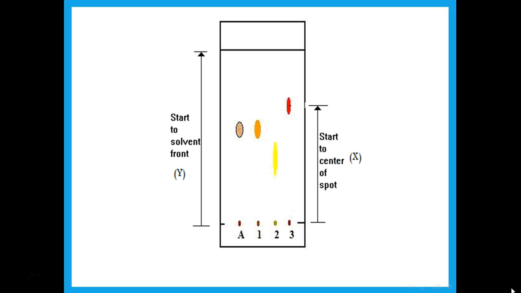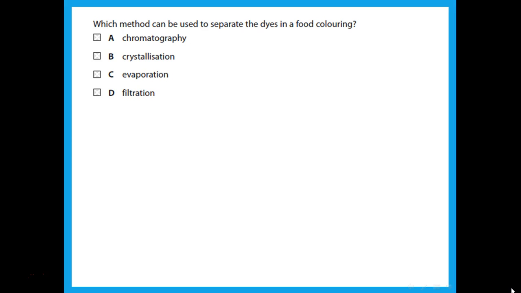Let's say that's X. And then I measure the distance from the same baseline to the solvent front. That's where the solvent went. So the distance traveled by the spot divided by the distance traveled by the solvent, that is what we call the RF value.